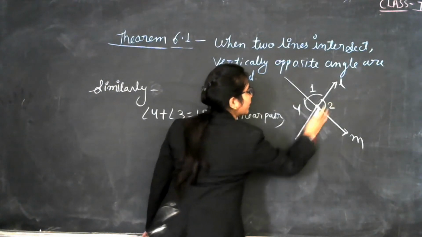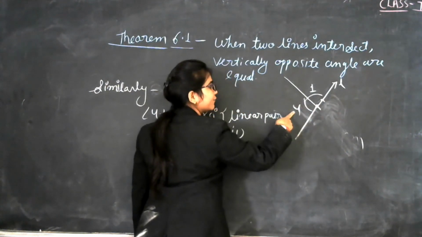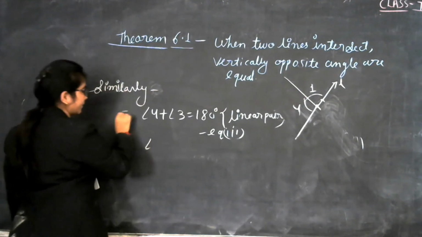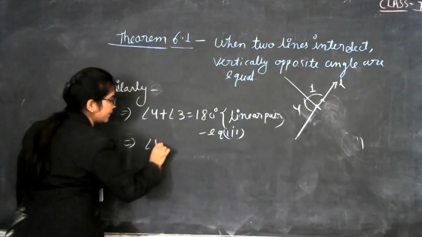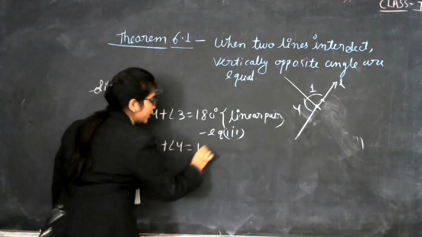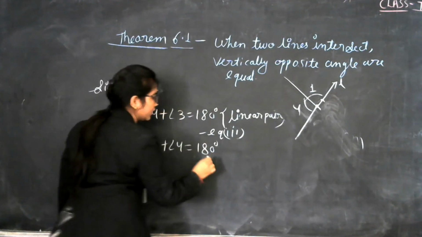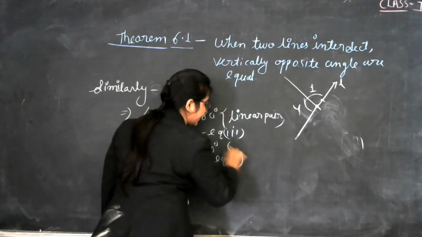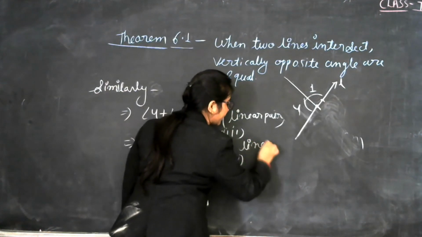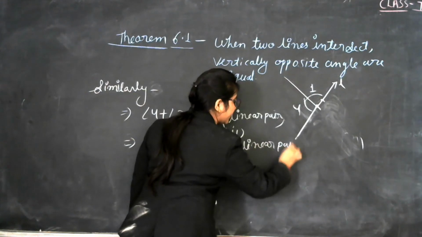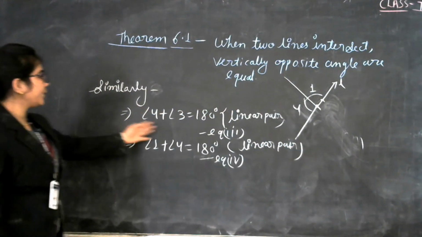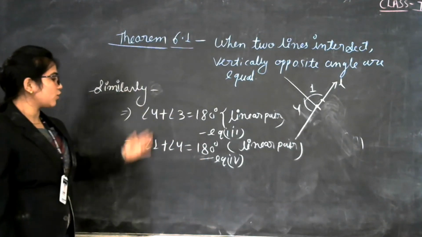Then we get angle 4 and angle 1 also form a linear pair. So angle 1 plus angle 4 is equal to 180 degrees. This is equation 4, by the linear pair condition. Here you can see the right parts are equal, so the left parts are also equal.